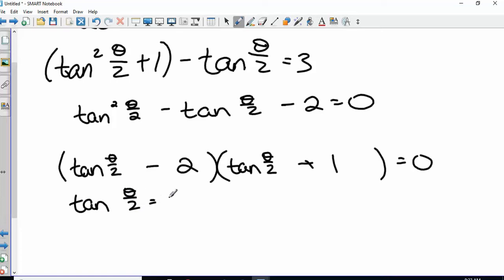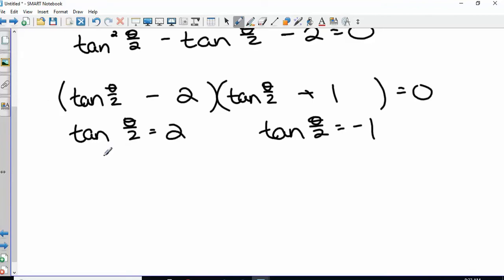If we set those equal to 0, we have to solve each of these.